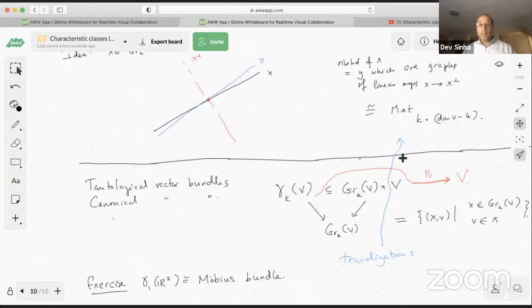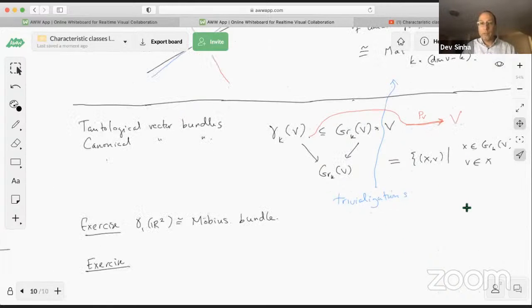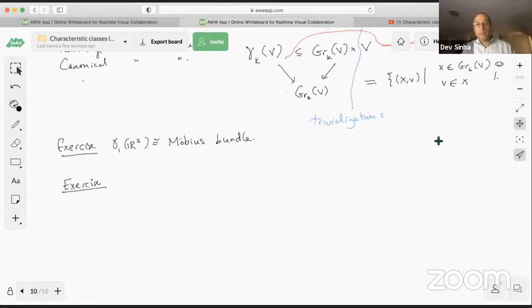Generally, let me give that as an exercise. It's fun to think about. So P_V is surjective.